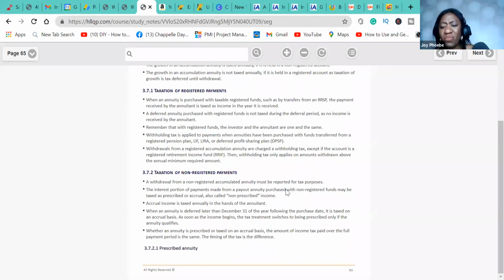Okay. Yeah, just like when you receive money from your RRSP. So the payment is taxed in the hands of the annuitant in the year it was received. Okay, makes sense.